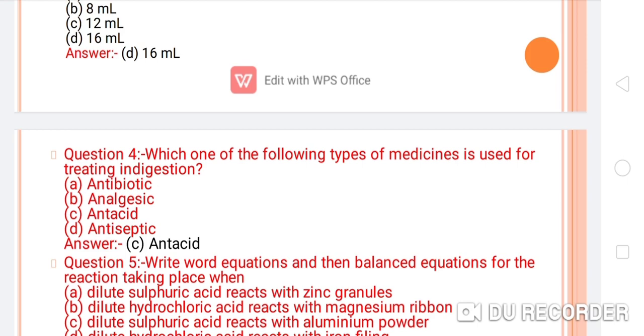This acidity can be neutralized by an antacid. So here the right answer is antacid, that is option number C.